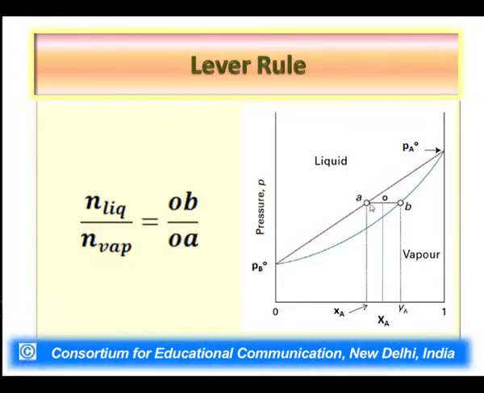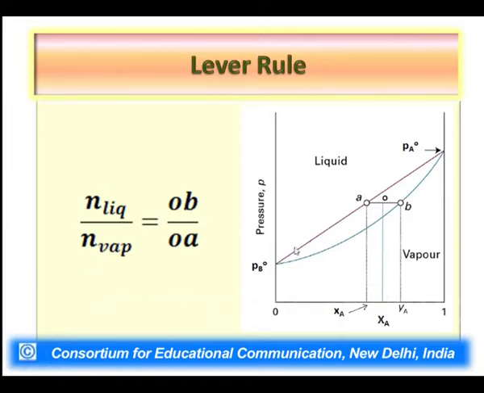Suppose we have a tie line, as you have seen; this line segment AB is a tie line. I have already specified that a tie line is a horizontal line which connects two different phases.